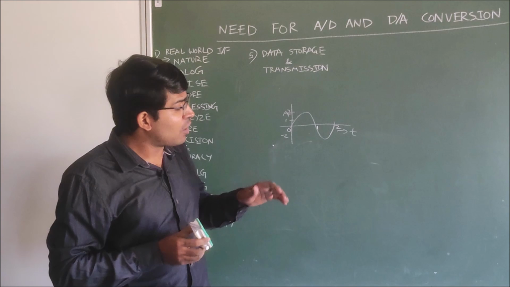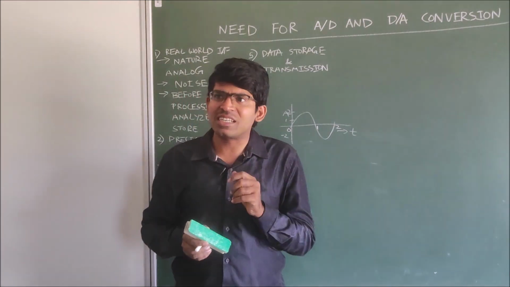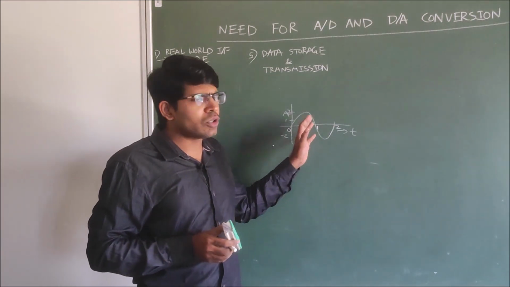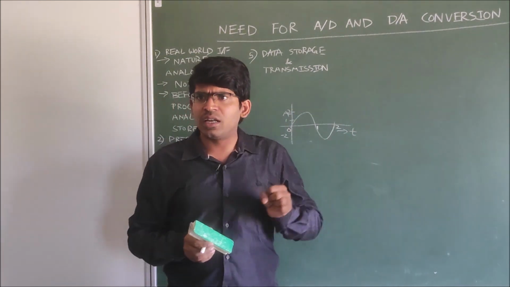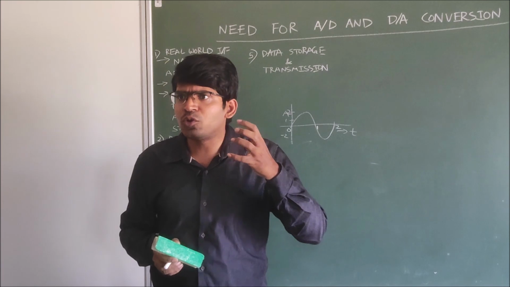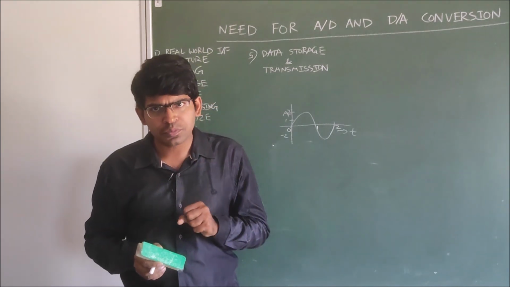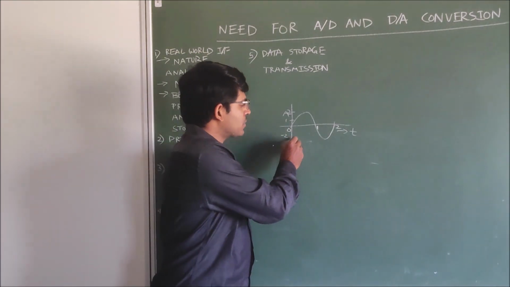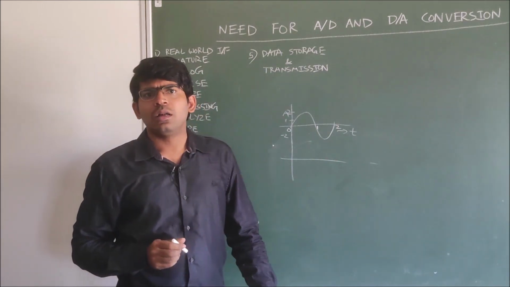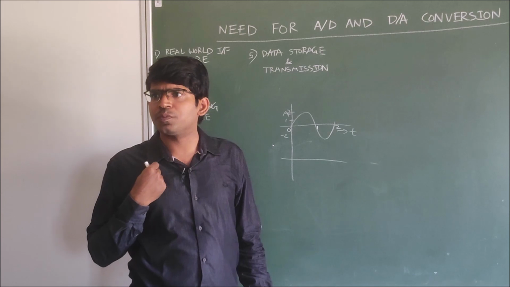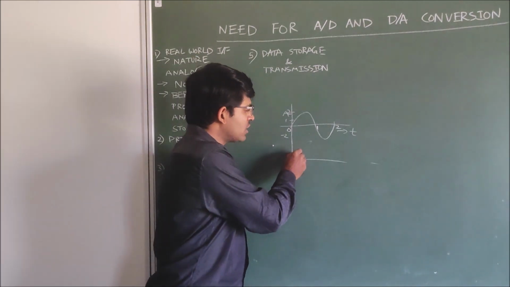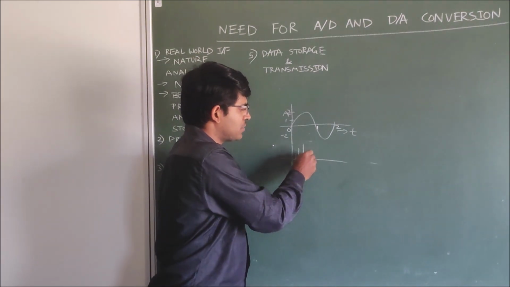So why are we going for digital signals? There is no doubt that if we want to store this signal, we have to store an infinite amount of information. So in order to reduce the information we have to store, we are taking only some time intervals.